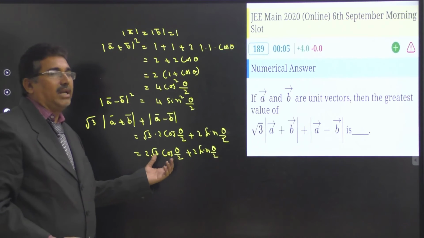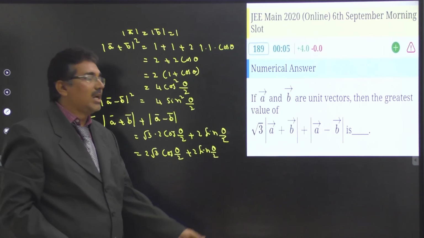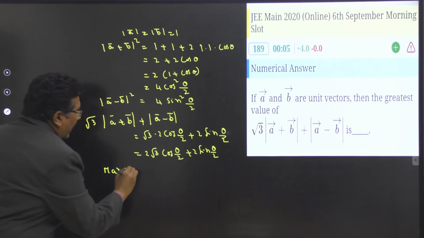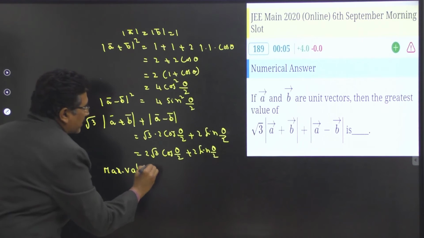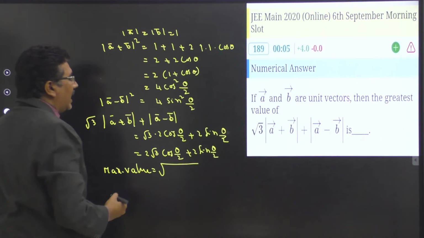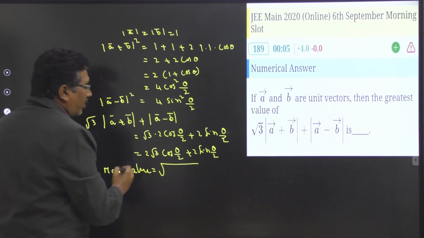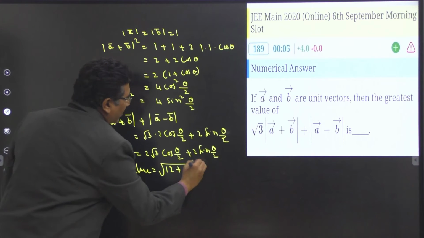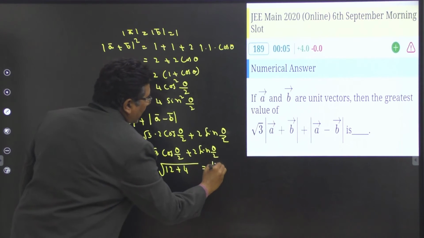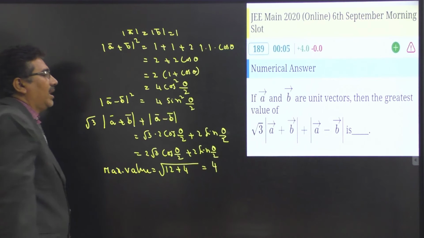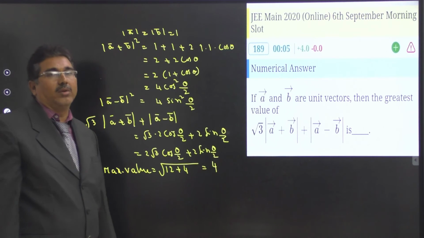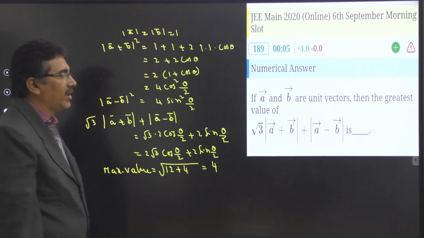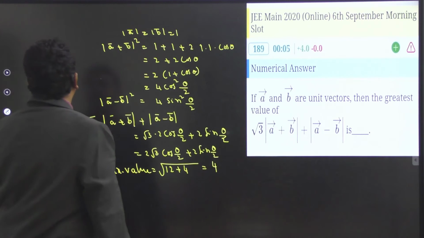The greatest value or the maximum value of this expression is root of a square plus b square. Here a is equal to 2 root 3, a square is equal to 12, b square is equal to 4, root 16 that is equal to 4. Therefore, the greatest value of the given expression is equal to 4. Right. Now, let us see another one.